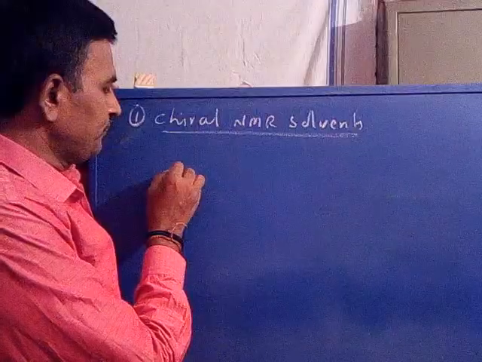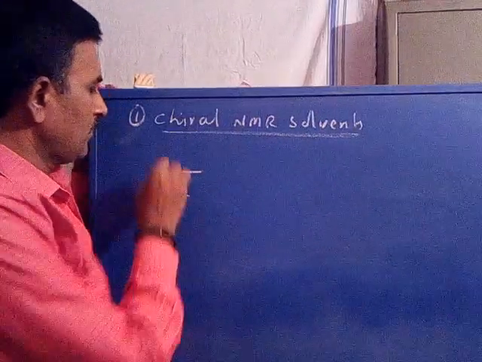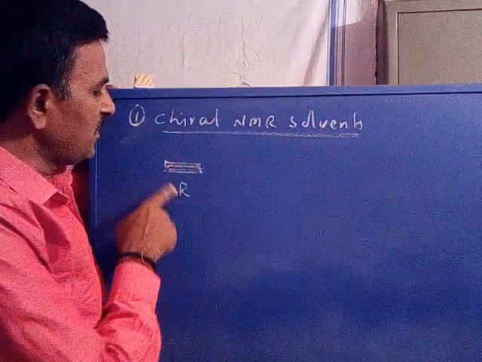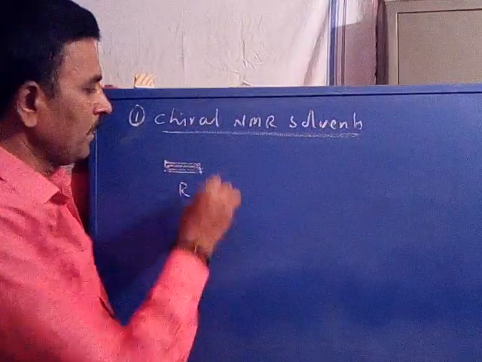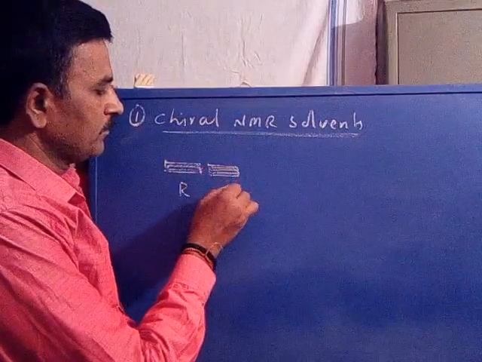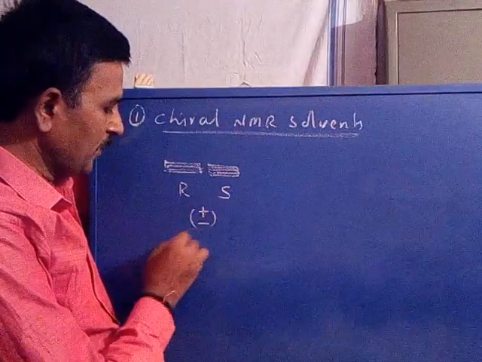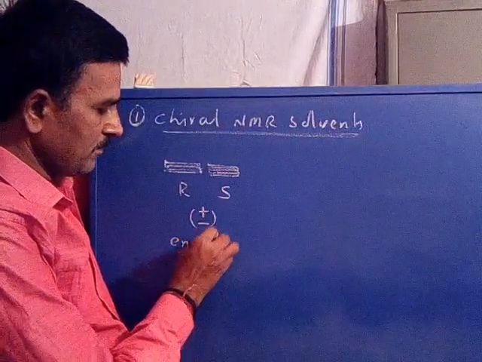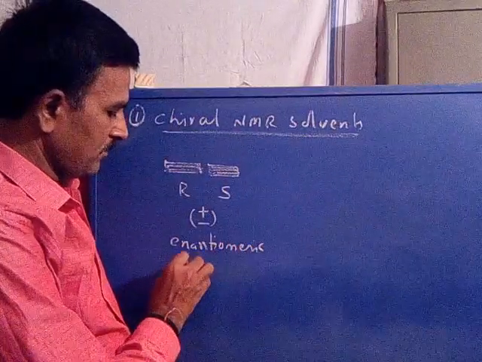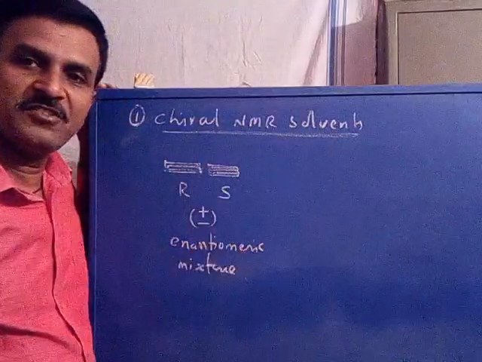Say you take this as the structure of R isomer, and this as the structure of S isomer. This is an enantiomeric mixture.